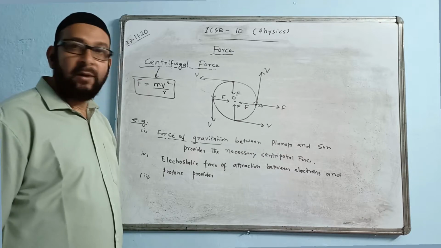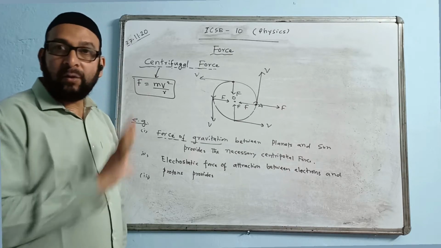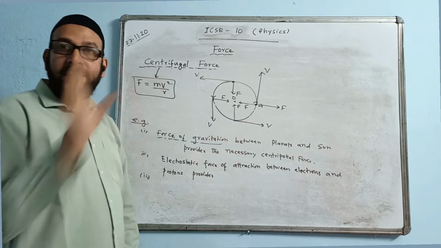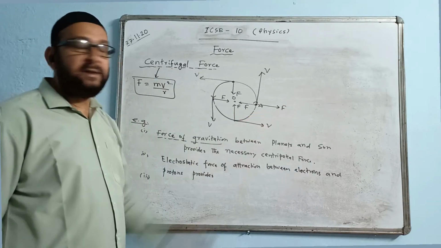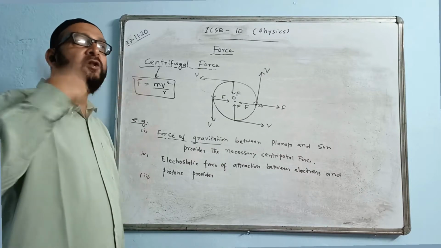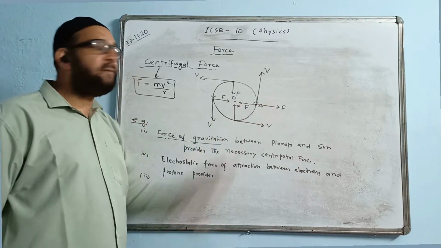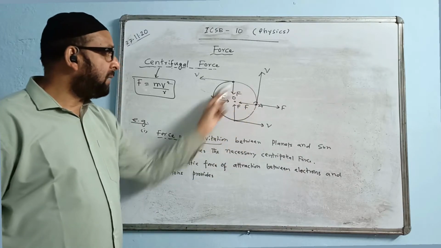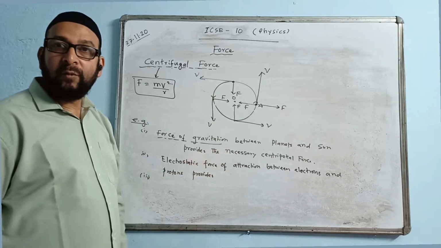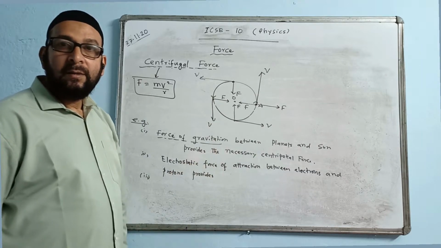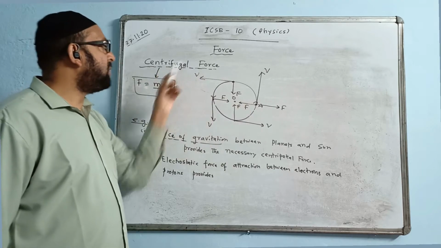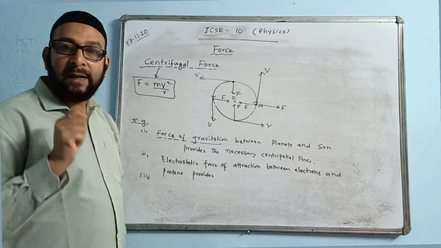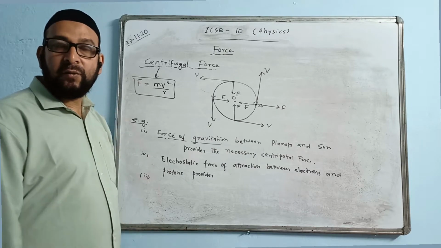This force is not actually given, but just to describe the equilibrium of the body, such a force is taken into consideration. We imagine that there is a force acting away from the center to keep the body in uniform motion. Such a force is called centrifugal force, which is not a real force. It is an imaginary, fictitious force.